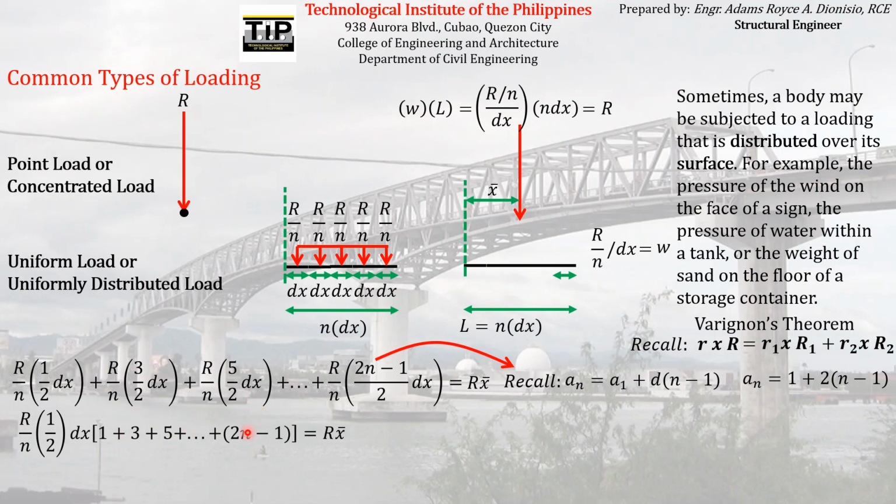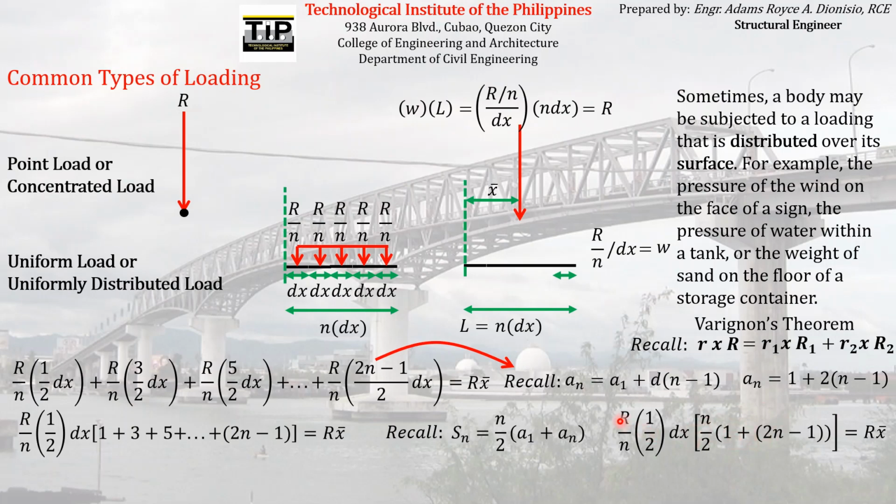Again, that is just a sum of arithmetic progression. Recall lang natin ang formula sa sum ng arithmetic progression. Sum is equal to sum ng first term tsaka last term times kalahati ng number of terms. That's a direct substitution lang to. First term is 1. Last term is 2n minus 1. So, substitute mo lang yan dyan. Ito yung lalabas.